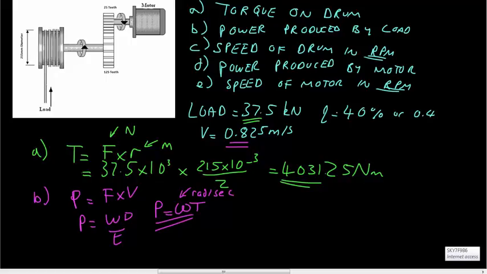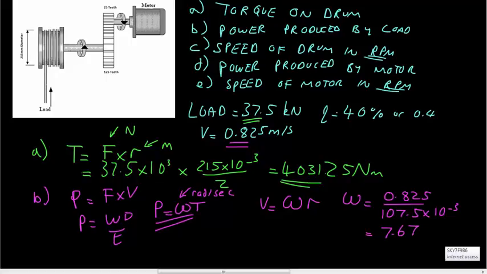Now, we know from the formula V equals omega R. We know R, we know V, we can find omega. So omega is equal to V, 0.825 over 107.5 times 10 to the minus 3. And that gives us an answer of 7.67 radians per second.